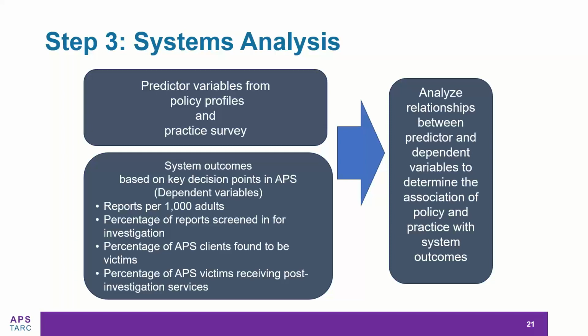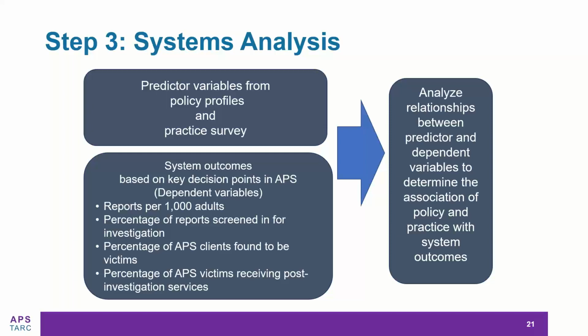So these are the variables that we felt were associated with different decision points along the way of an APS investigation, and we thought we would get a lot of really useful information if we could find relationships between particular policies and practices and these system-level outcomes. So that was generally what we set out to do.